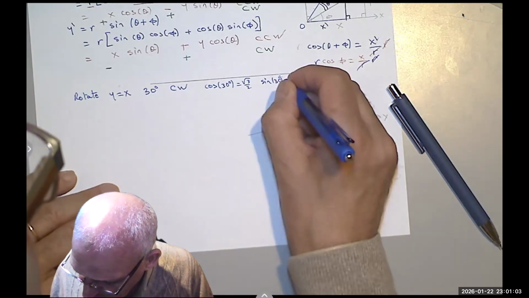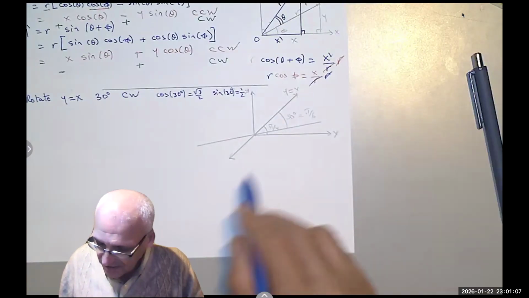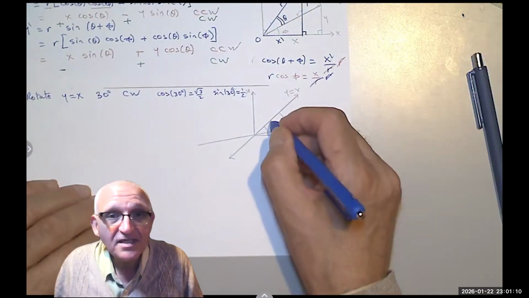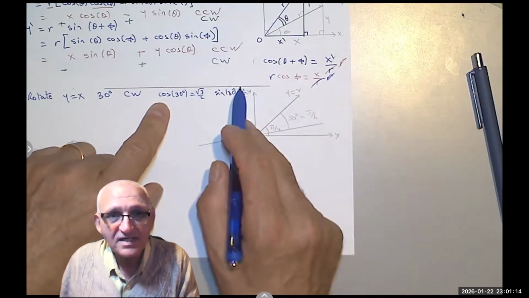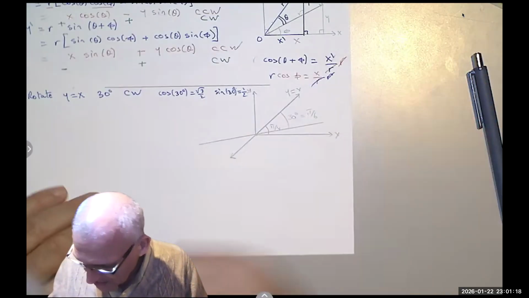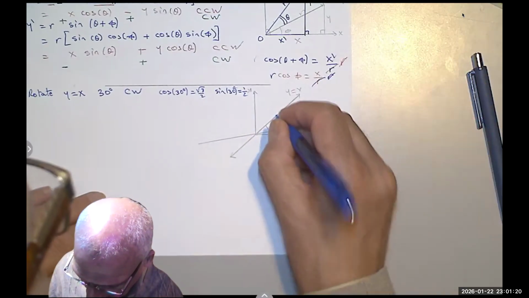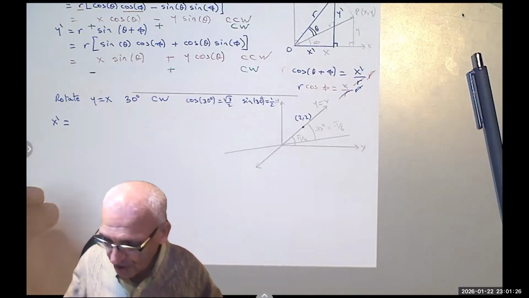Both of them have a 2 in the denominator. So I'm going to pick a point whose coordinates are even, so that when I multiply it by the cos or the sine, I end up with no fractions, right? So let's pick an easy one. Let's pick 2 and 2 and see where my point would go.